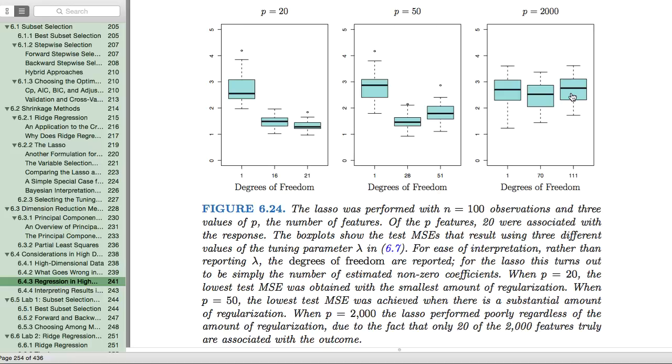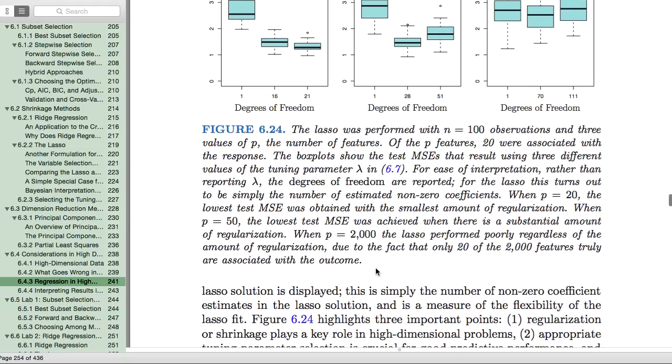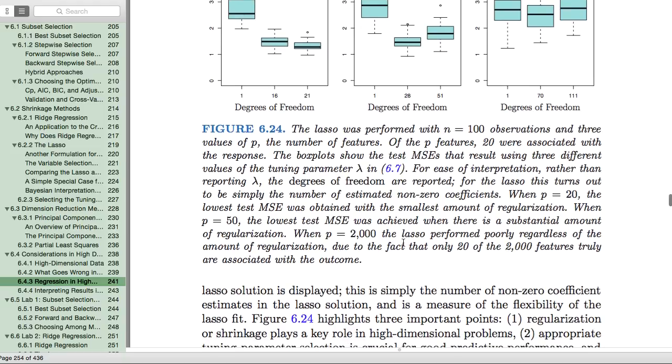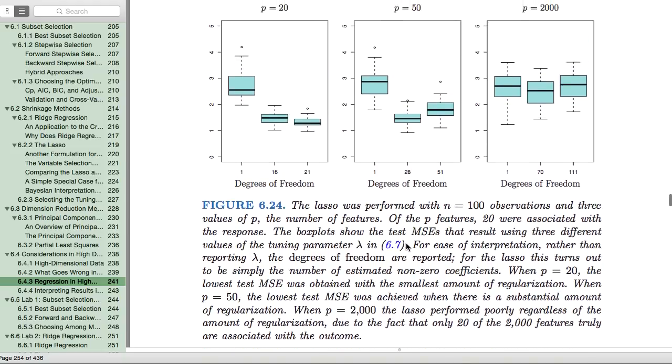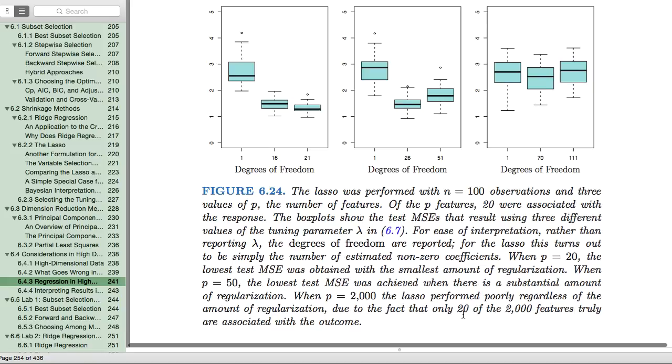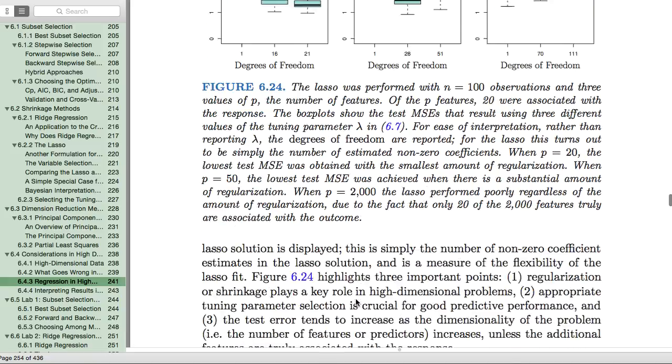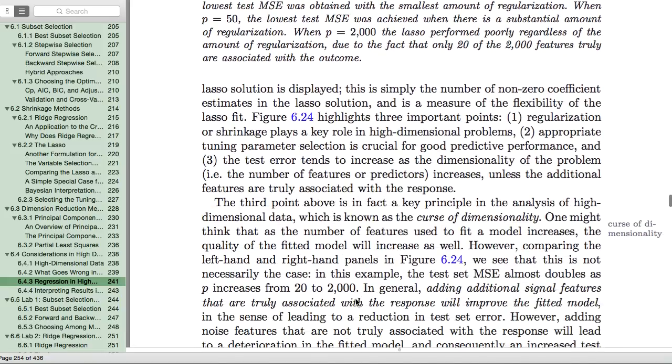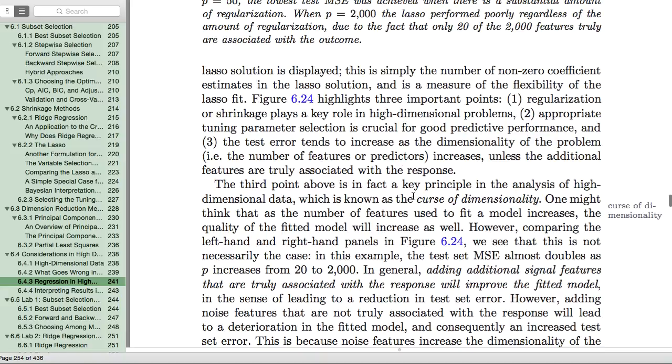There's just no way that you can avoid having more variability with more dimensions. So when P equals 2000, the lasso performed poorly, regardless of the amount of regularization, because only 20 of the 2000 features are really associated with the outcome. So this is the curse of dimensionality, and I'll leave you with this. This is a key thing to keep in mind.